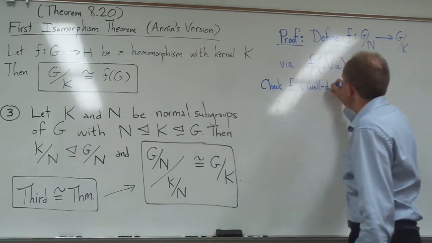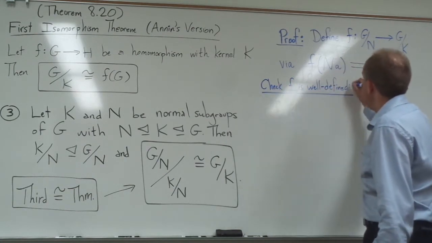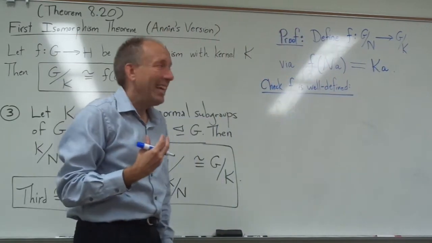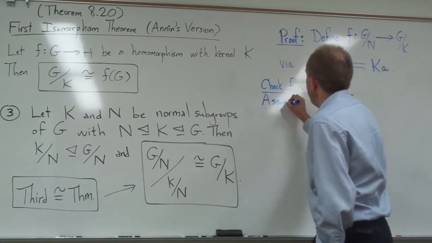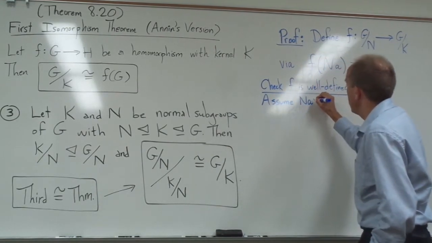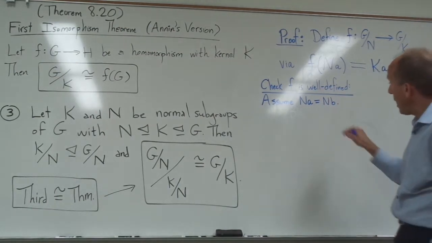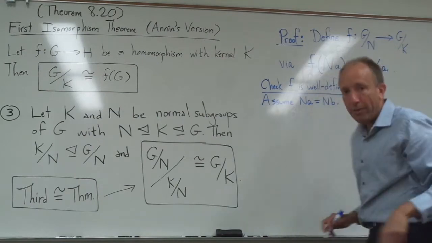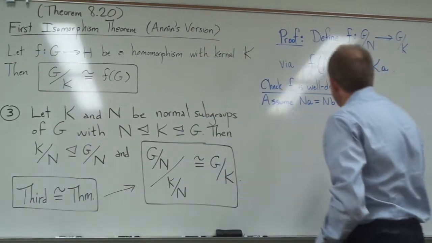You notice once again in this example that we have a domain that consists of cosets. And we need to make sure that if we have two different ways of writing the same coset, let's suppose that Na is equal to Nb, I need to make sure that f of Na would still agree with f of Nb, right? So let's see if I can do that.